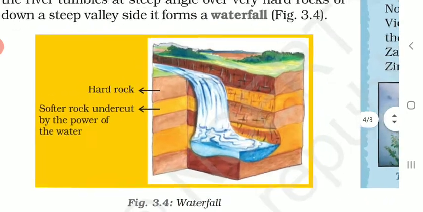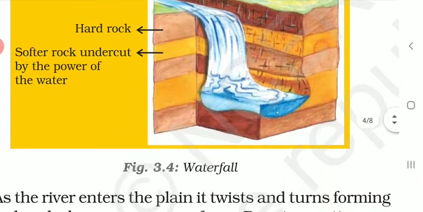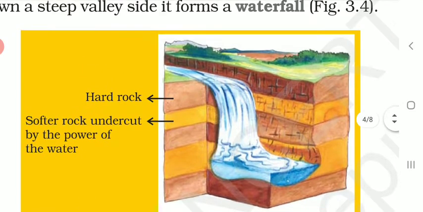Now here in this picture you can see when such waterfalls are forming, hard rock and softer rock are layered one upon the other. On the top there is hard rock, and just beneath that there is soft rock, and when these hard and soft rocks are cut due to the work of the water, these kinds of waterfalls are forming.